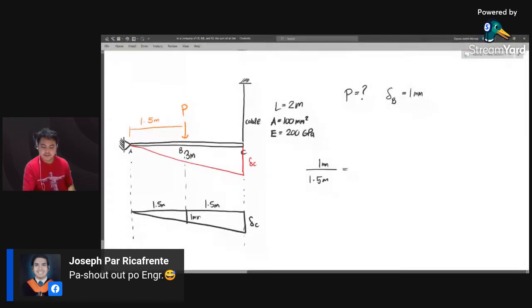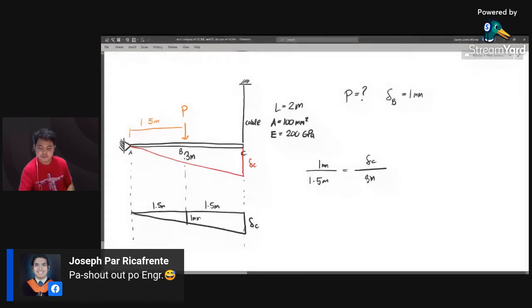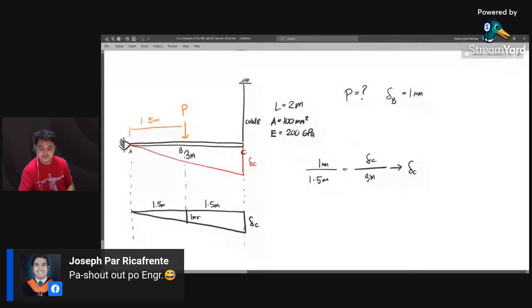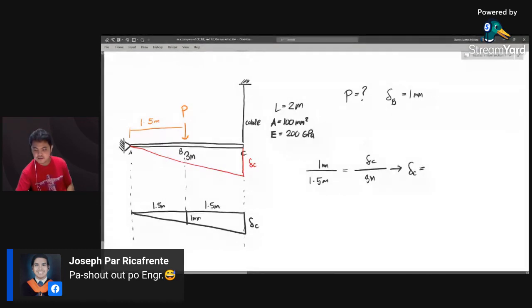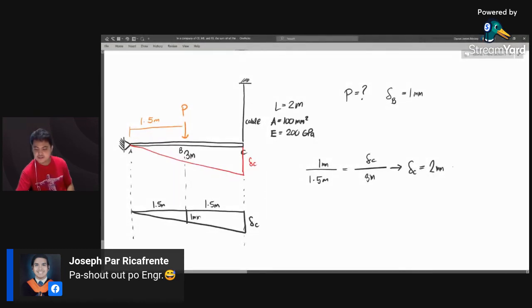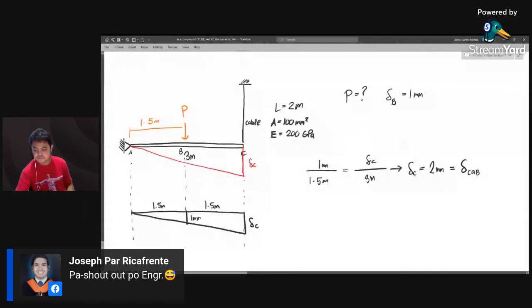Then for the vertical deflection of C, ang corresponding side yan ay yung 3 meters. Don't worry dun sa units kasi meters sa denominator, millimeters sa numerator. So okay lang 'yun. So from here, makukuha natin yung deflection sa point C. That's 2 millimeters. And this is actually the actual deformation of the cable.